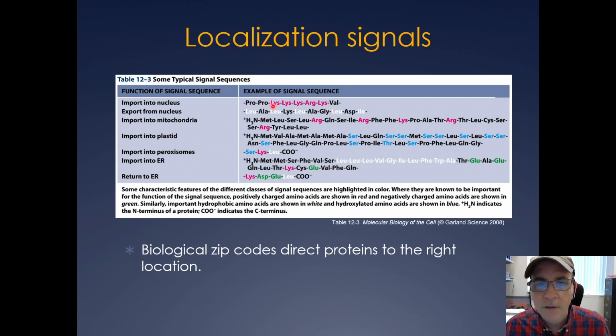Okay, so this signal right here, lysine, lysine, lysine, arginine, lysine, is actually a signal to get into the nucleus. So that's a nuclear import signal. Okay, you also have ones that can tell something to be imported into the mitochondria or into a plastid or into the endoplasmic reticulum. And these are somewhat highly conserved. There is some variation between them. You guys aren't required to memorize any of these except this last one, which is an ER retention sequence.